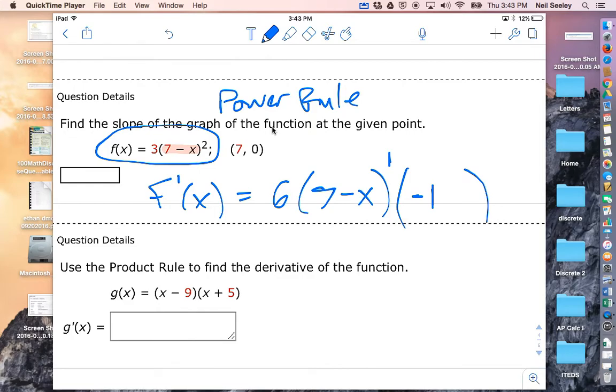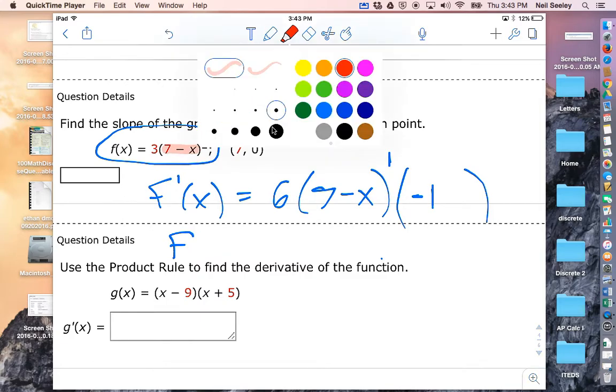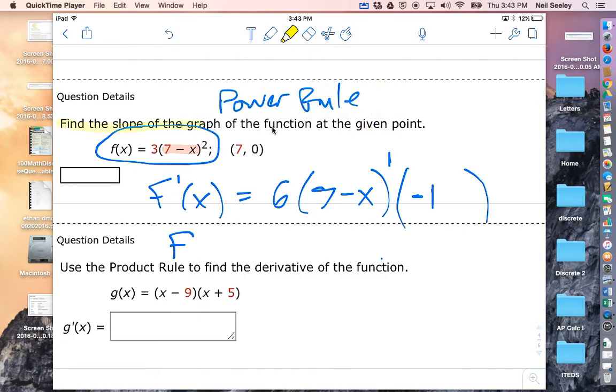So there's my derivative. That's fine as is, but I think for clarity, I'd like to clean that up a little bit so I can use it, because it says find the slope of the graph at a given point, which means I'm going to put 7, the x coordinate, into my derivative and see what I get. So before I do that, I'm going to clean this up and say f prime of x, and I'm going to distribute, I'm going to call this negative 6.